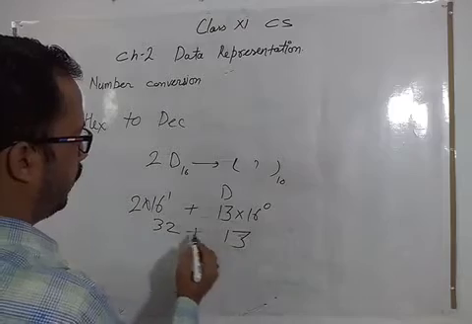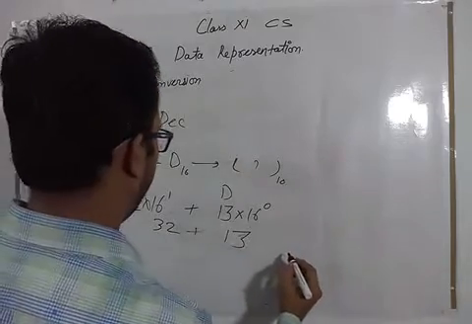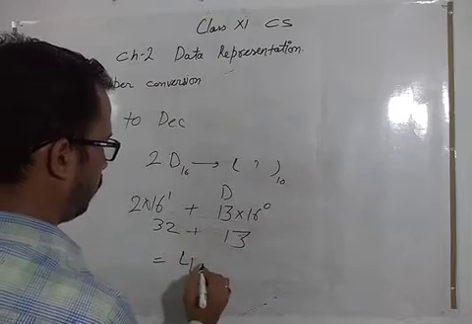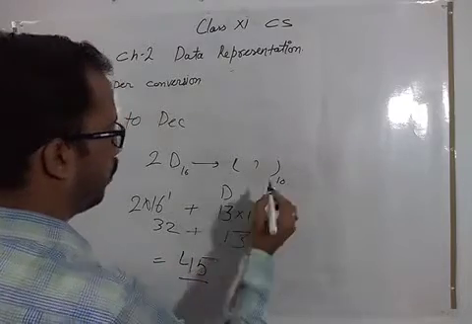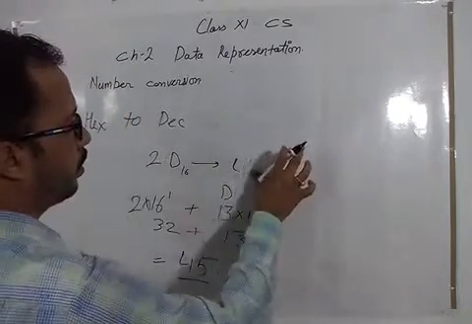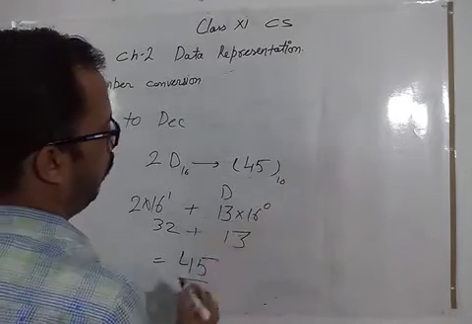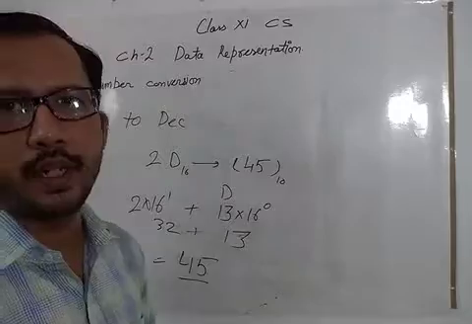Adding these two we get 45. So 2D means decimal equivalent 45.